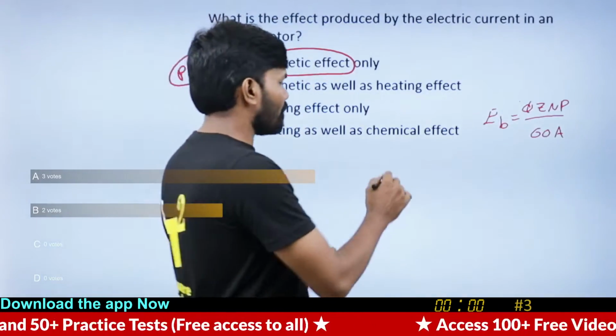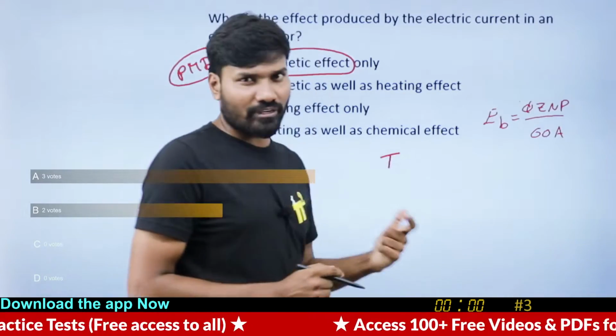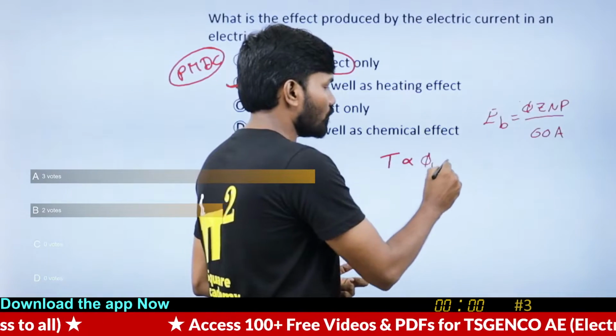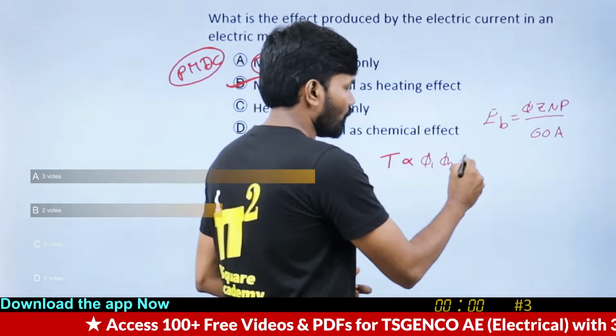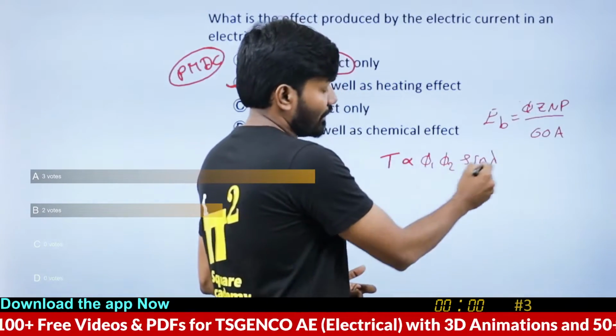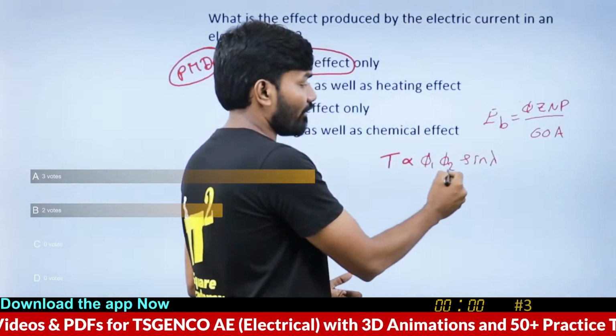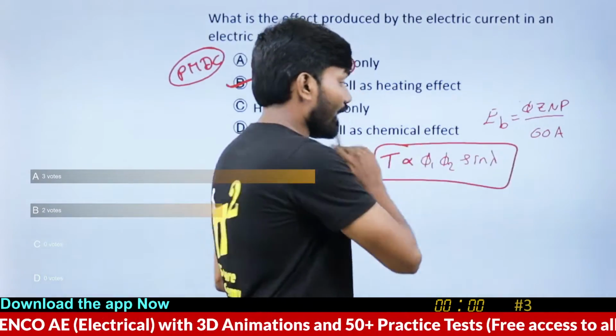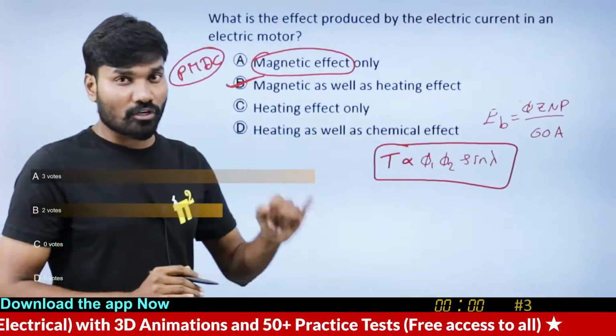Whenever you see the torque equation anywhere there is a Lorentz force, torque is always proportional to two fluxes, phi 1, phi 2, and to be more precise, the sine of the angle between phi 1 and phi 2. This is the key equation for any electrical machine, be it a motor, be it a generator.